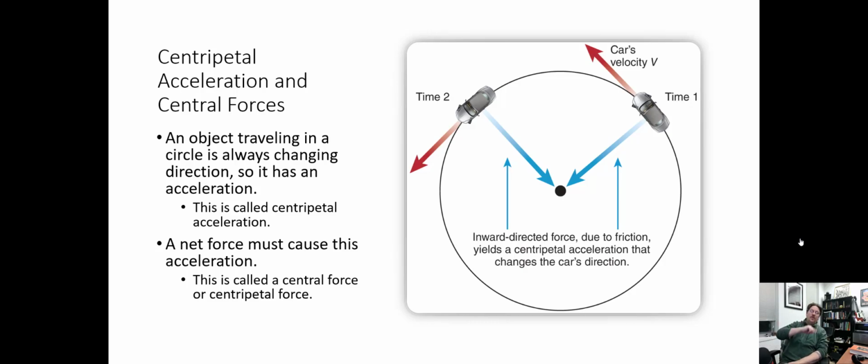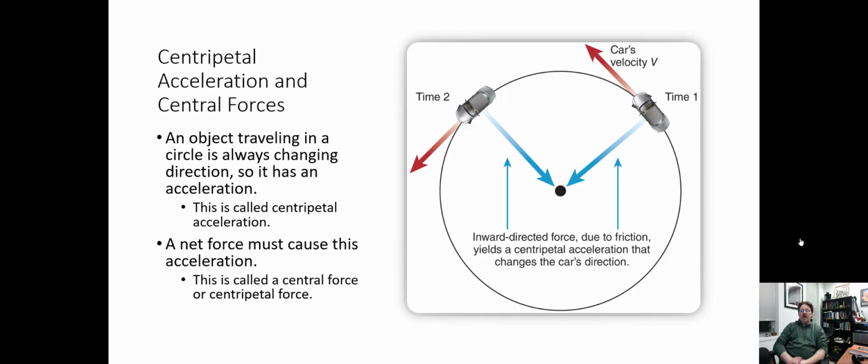So when the Earth is revolving around the sun, that is an elliptical orbit, meaning the sun is not located at the center of that orbit. It's located at one of the foci of that ellipse, and the force of gravity, or the centripetal acceleration, is always pointed towards the sun.